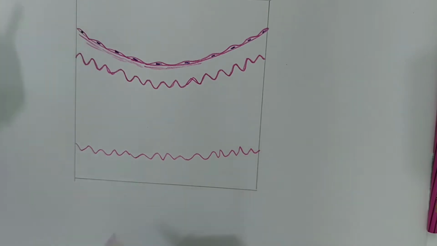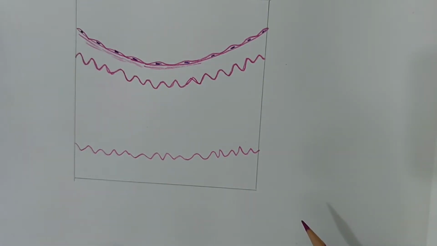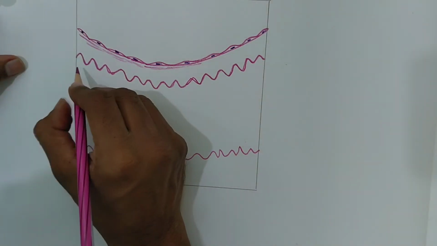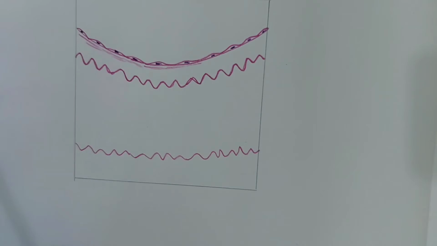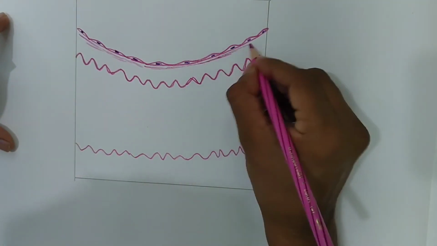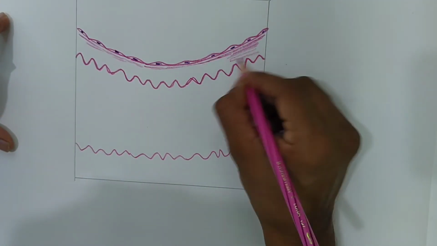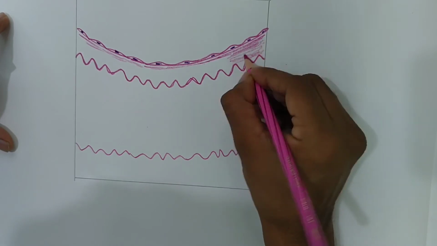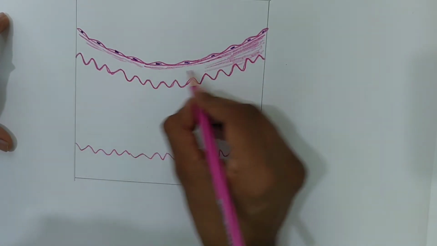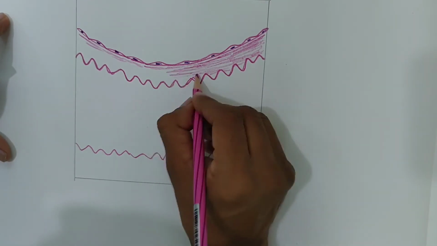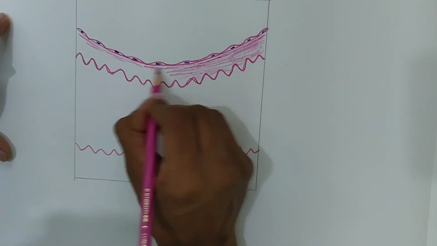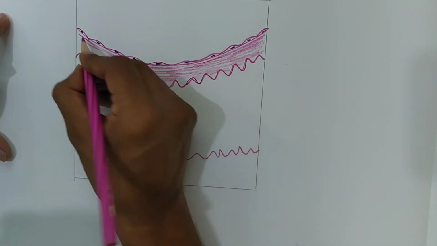This muscular artery has numerous smooth muscle fibers in it. Below that, so this is the subendothelial connective tissue.